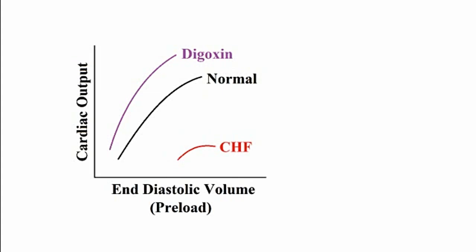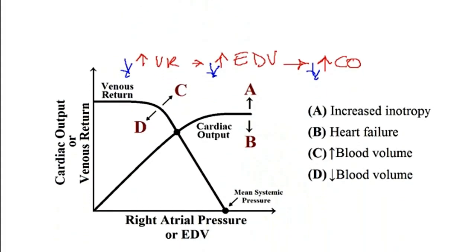So let's go back to the initial table that we had. As we increase the venous return, since there is now increased end diastolic volume, there would be an increased cardiac output. Now, increased blood volume will shift the venous return curve upward. And thus, by increasing the blood volume, there would also be increased cardiac output.